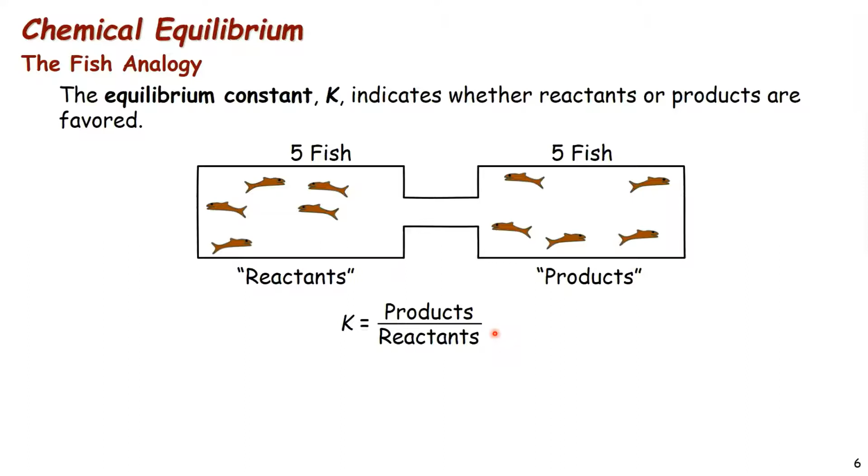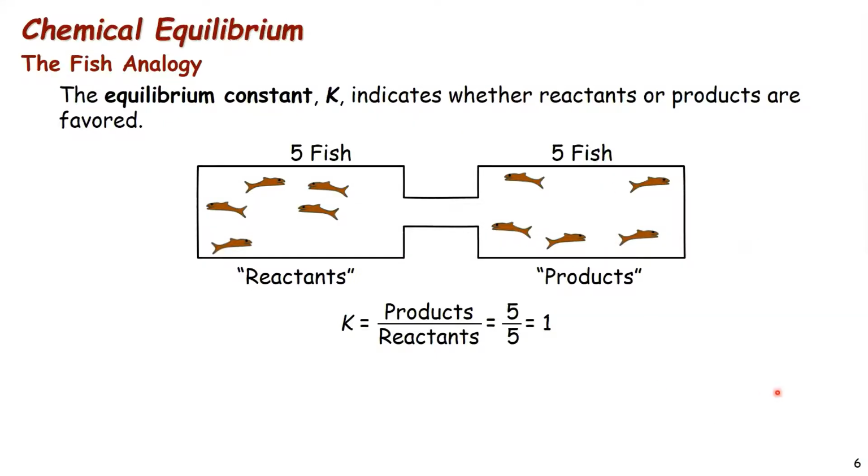Okay? So in this case, there's 5 product fish and there's 5 reactant fish, so that'd be 5 over 5. So this equilibrium constant would be 1. When the equilibrium constant is 1, that means we have the same concentration of reactants and products at equilibrium. So basically only half of the reactants formed products.